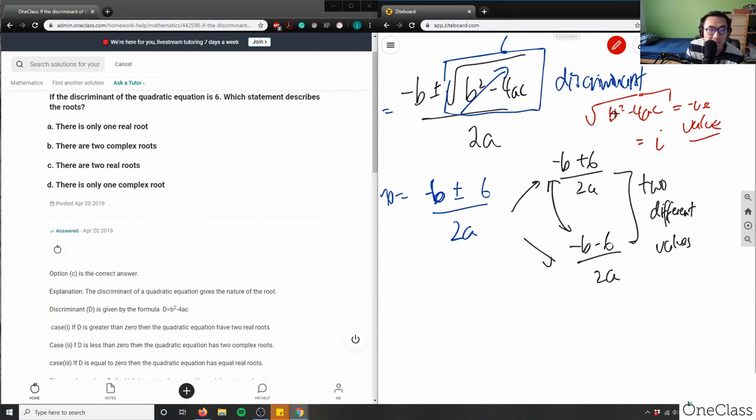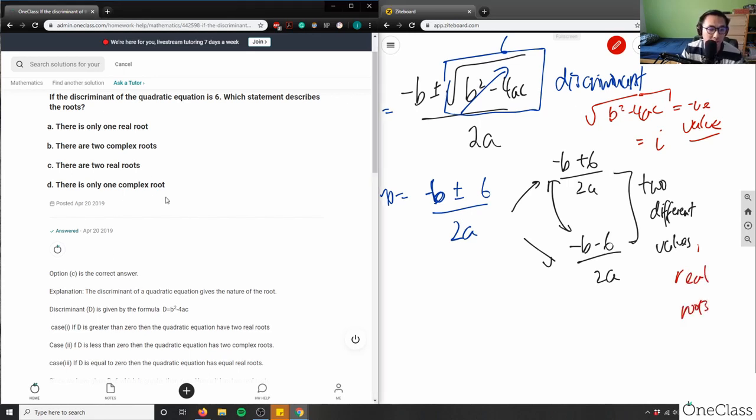But in this case it just equals 6, which means I don't have a complex root. So I have 2 real roots, which means my answer here is C.